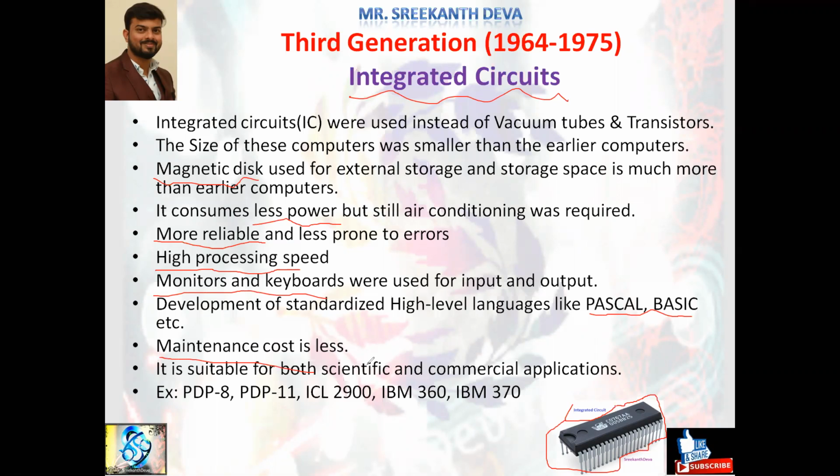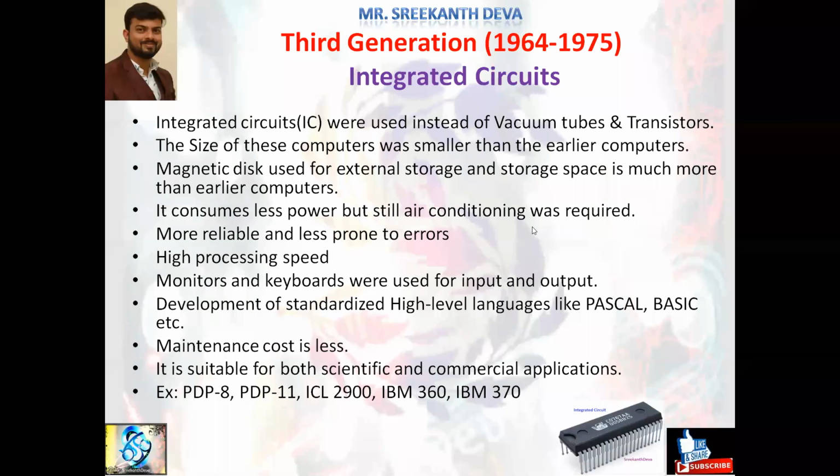Maintenance cost is less. The best examples are PDP-8, PDP-11, ICL 2900, IBM 360, and IBM 370. These are all suitable examples of third generation computers.